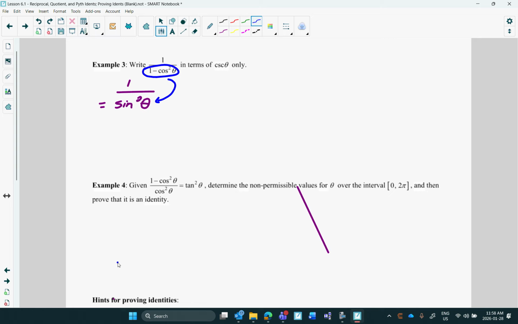That's a Pythagorean identity, we call them. How could I write this using cosecant? Cosecant, like 1 over sine is the same as cosecant. So 1 over sine squared theta is the same as cosecant squared theta. And we've changed it. That's it.